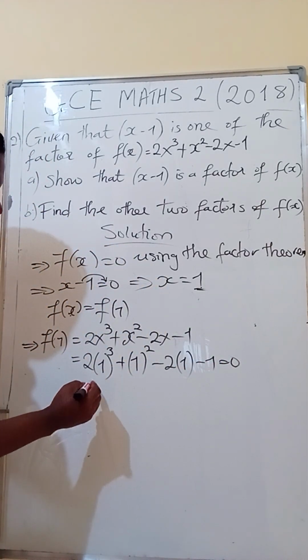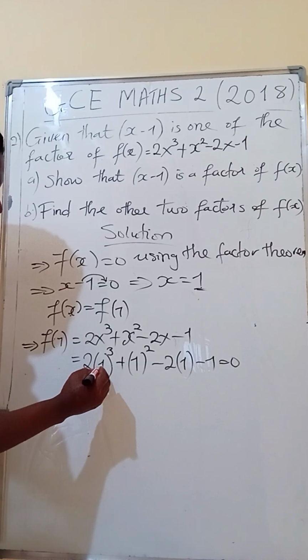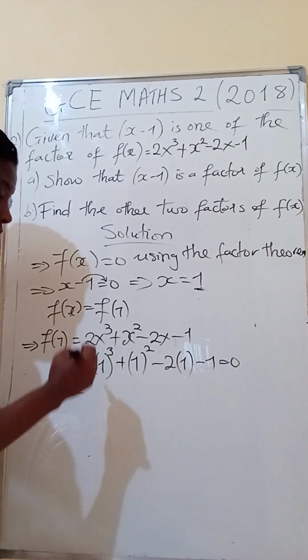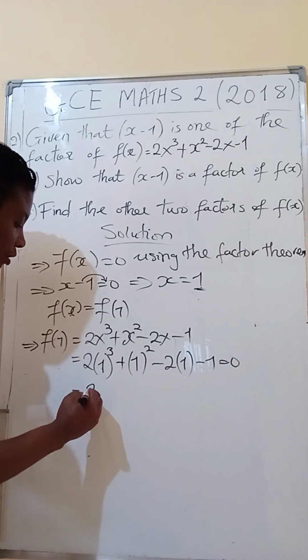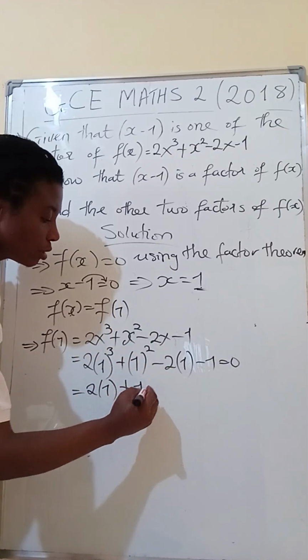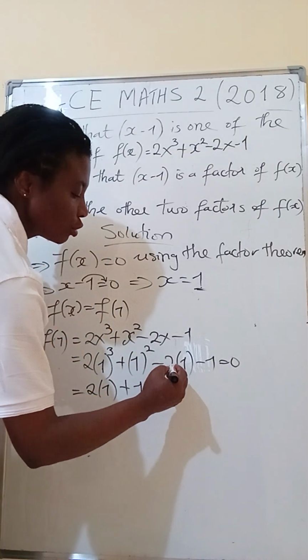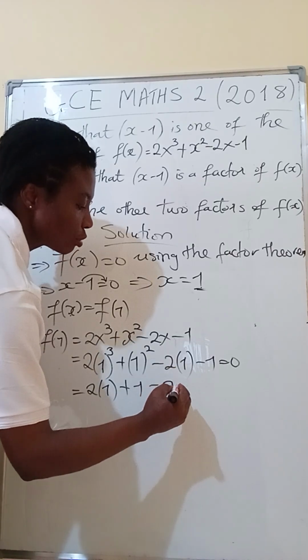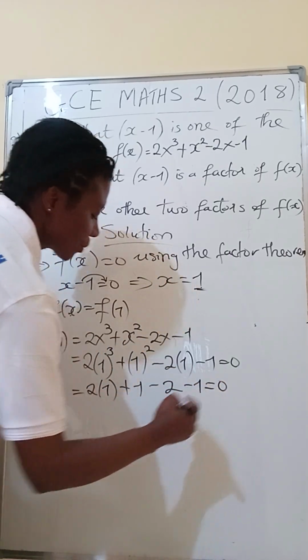So we continue by saying 1 raised to the power 3 is still 1. That means 1 times 1 times 1 is 1. Plus 1 raised to the power 2 is still 1. And minus 2 times 1 is minus 2, minus 1.